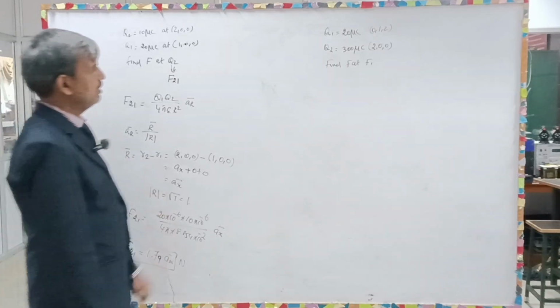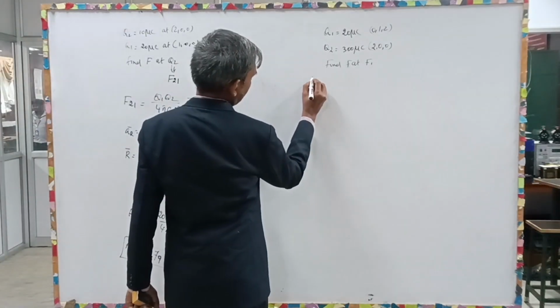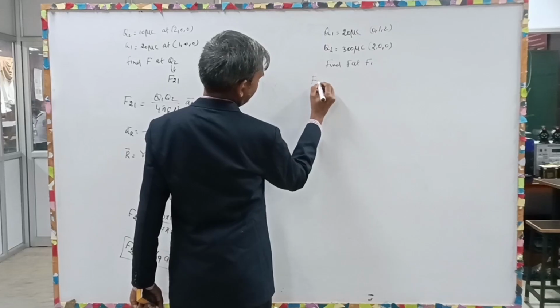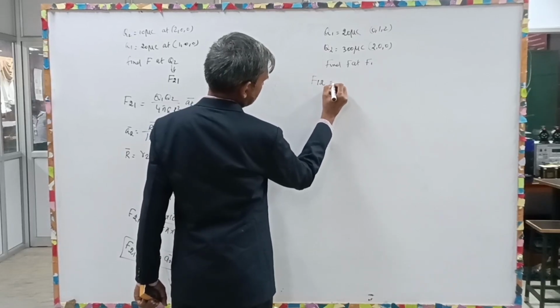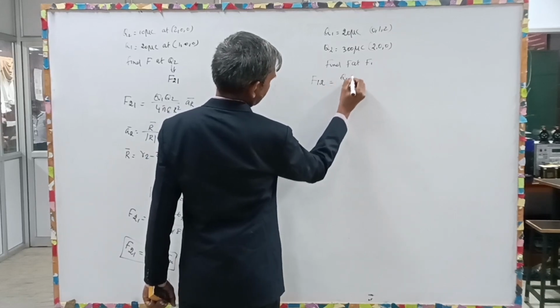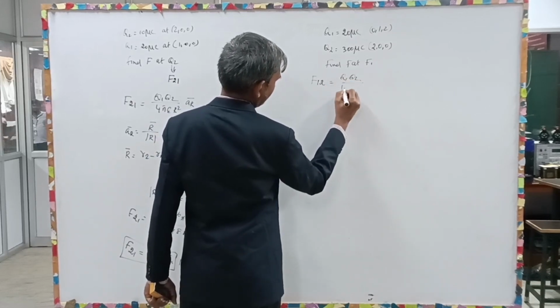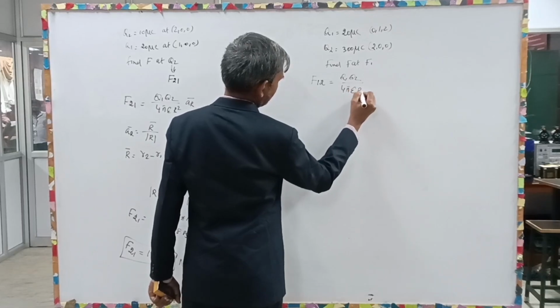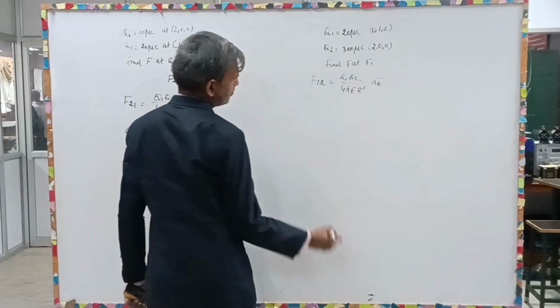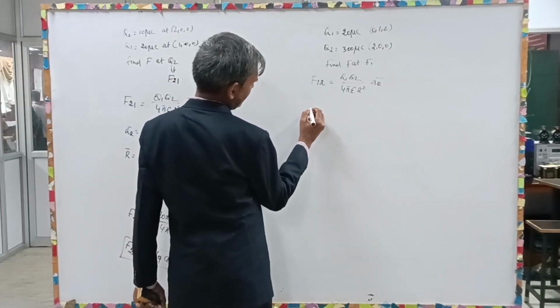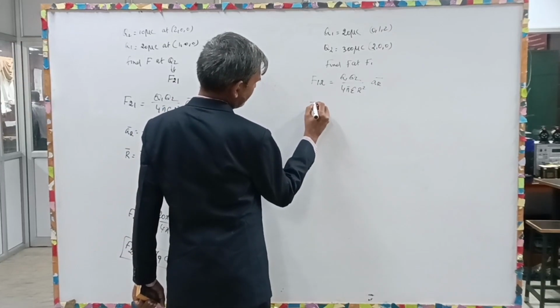Yes. So we are finding F1 due to the second charge. So we know the formula Q1 Q2 divided by 4 pi epsilon into r square along the unit vector aR. So first we are finding the r vector value.